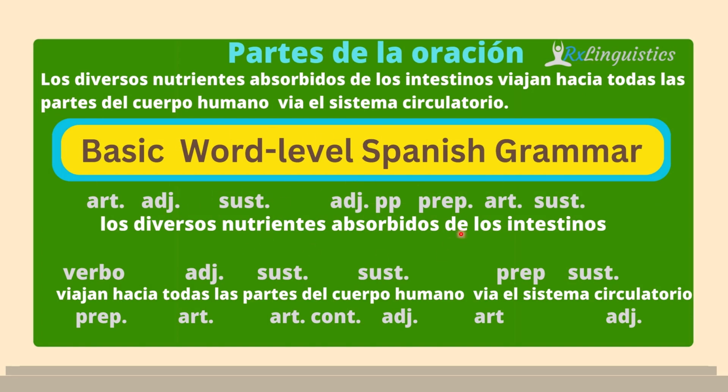Your takeaway from module 1 is to be able to identify the different parts of speech of a sentence. It's called word level grammar. You have this as an article, this as an adjective, this as a noun, which is sustantivo. This is a participial adjective. This is a preposition. This is an article again.